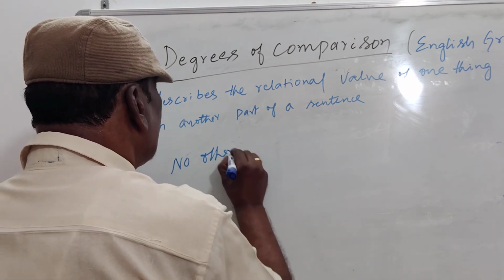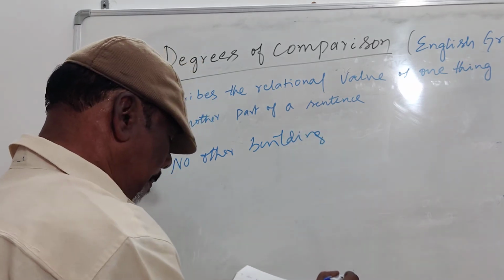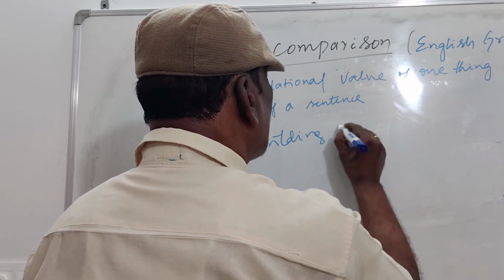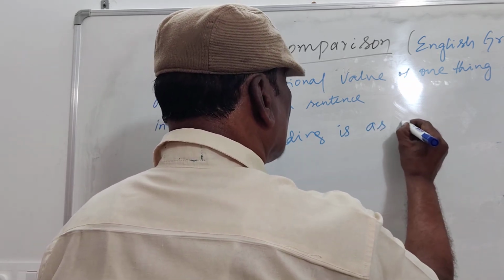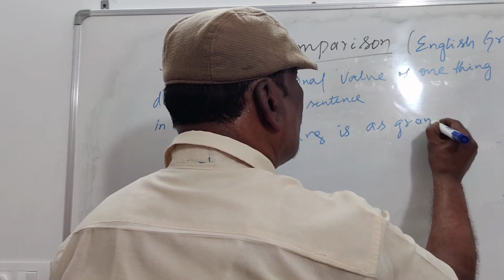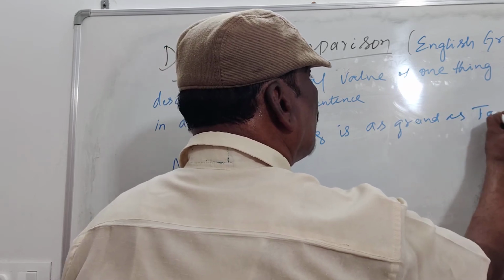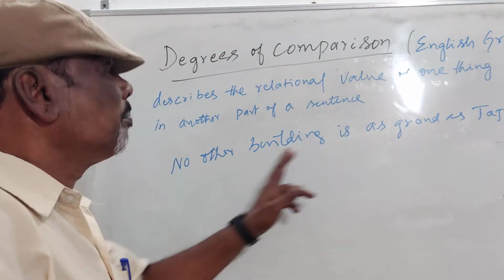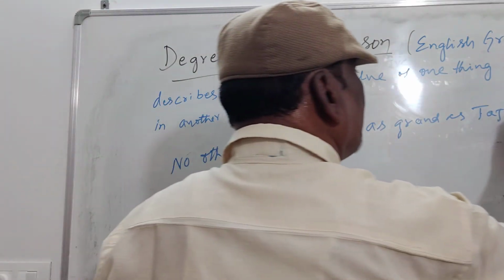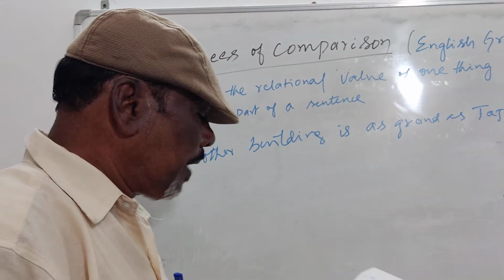No other building is as grand as Taj. So it is positive degree. We should change this into comparative degree.